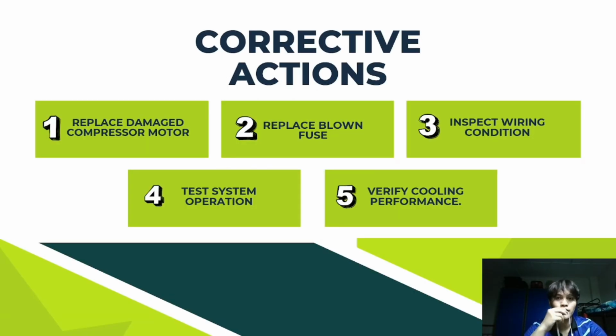All right, then we have the corrective actions for the future. Based on the identified root cause, several corrective actions are recommended. The first one is to replace the damaged compressor motor because it is the main source of the failure. Second is to replace the blown fuse with a new fuse that meets the manufacturer's specifications.